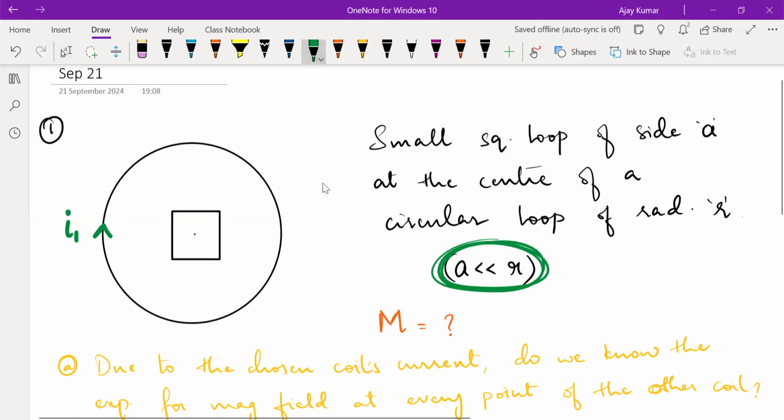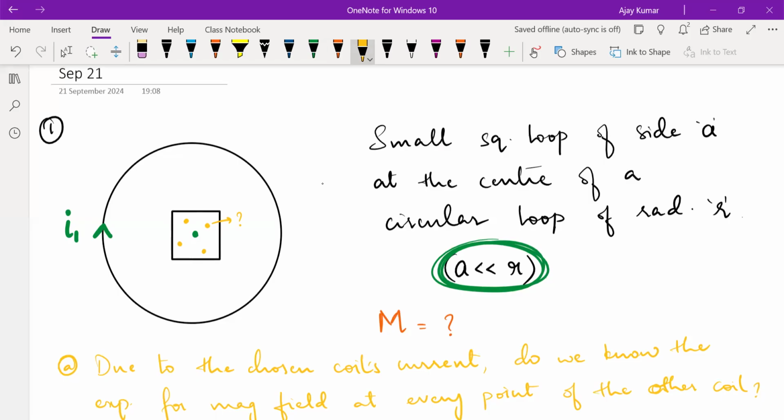I'll mark one point in green. At that point, we know the magnetic field. But these other points are away from the center of the circular loop, right? We don't know the magnetic field at these points. Okay. And if you don't know the magnetic field at those points, you cannot calculate flux through the square.